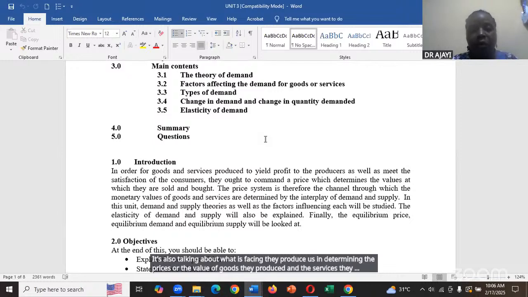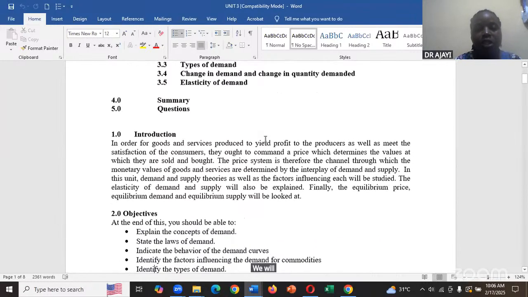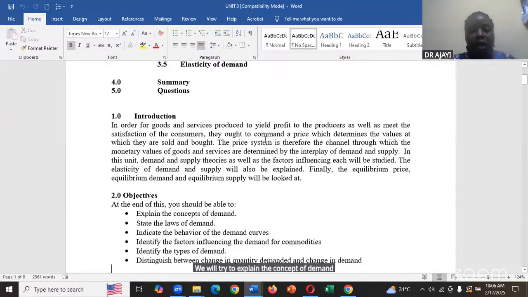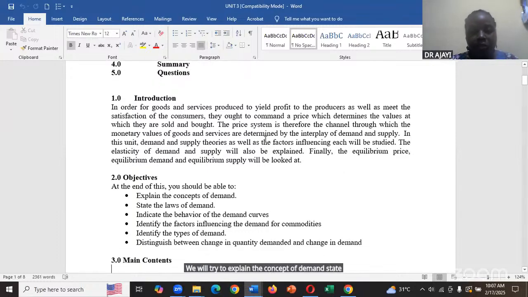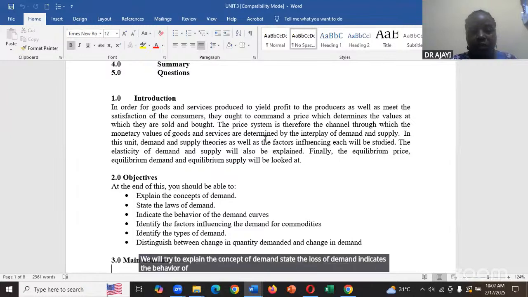Now, for this, we will try to explain the concept of demand, state the laws of demand, indicate the behavior of the demand curves, identify the factors that influence demand for commodities, identify and distinguish between change in quantity demanded and change in demand.